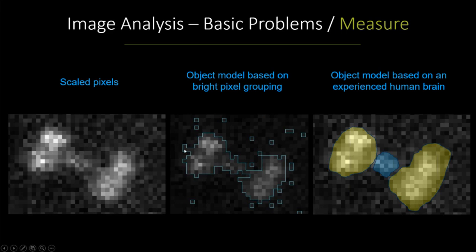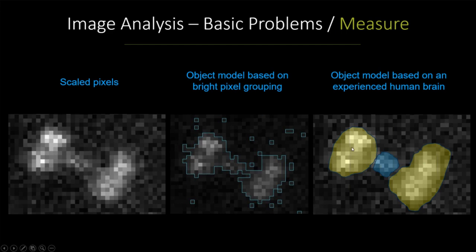And if we're interested in understanding the volume, the size of these objects, we can do something very simple like use an intensity threshold to define a border around the objects, which in some cases is completely fine, but in this case it's not, because if we study the image very carefully, what the experienced person knows is there are really 3 objects here that need to be studied.